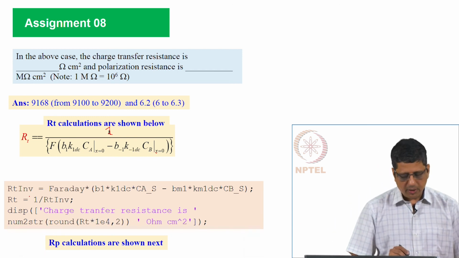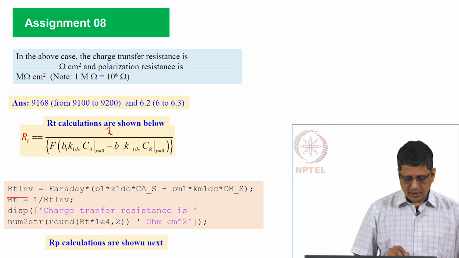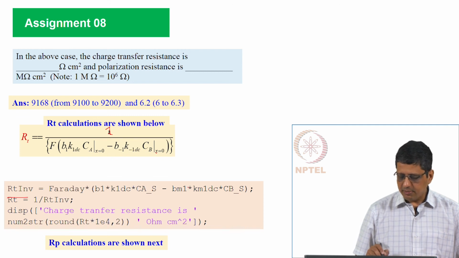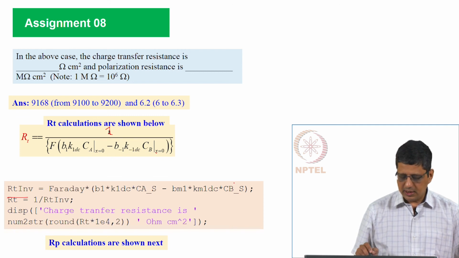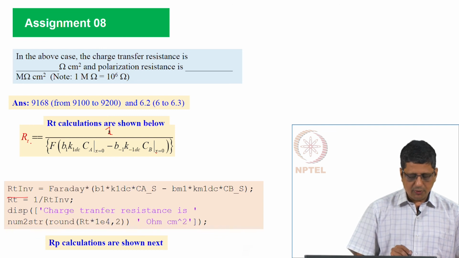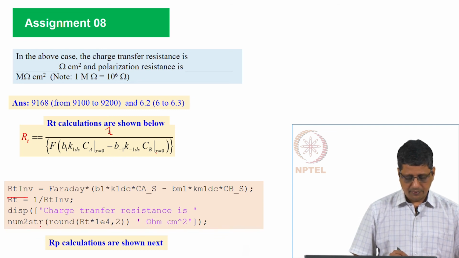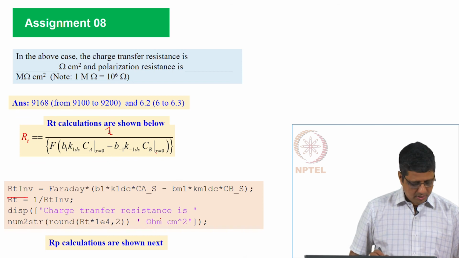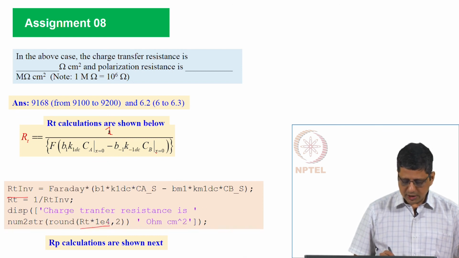So, you can write it in the formula: RT inverse is F B1 K1 CAS minus B minus 1 K minus 1 CBS, and RT is of course the inverse of this. The value comes in ohms meter square. You can convert that to ohms centimeter square by multiplying by 1/4.